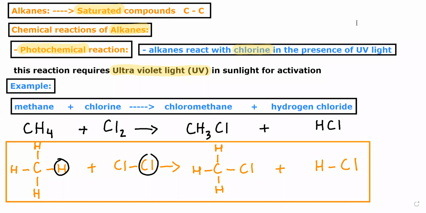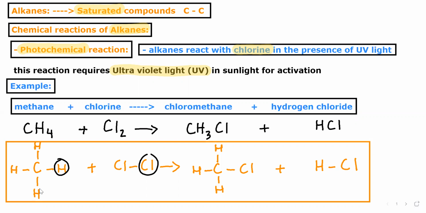Okay, now we are going to do the next reaction. We will take the same equation and see how we write more equations from here. We have already found chloromethane. Now, what is the further reaction going to be?